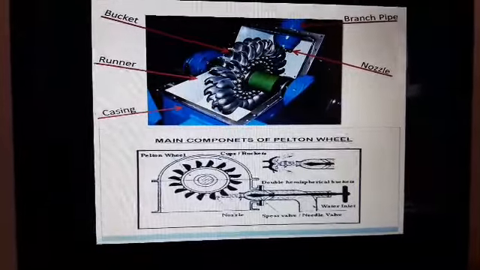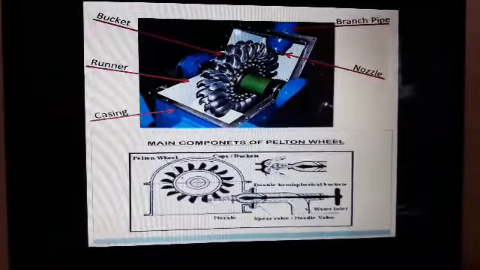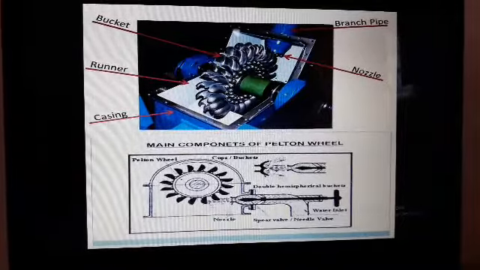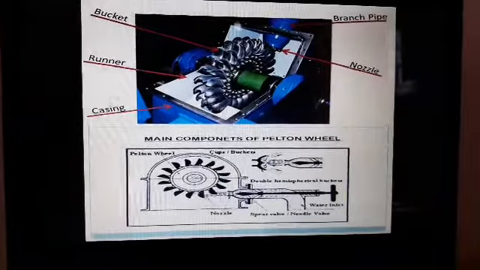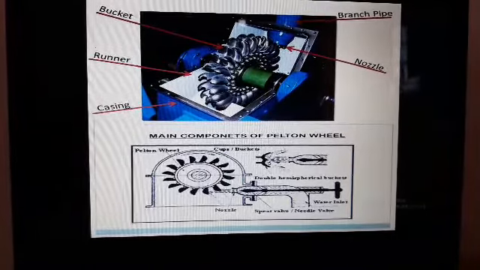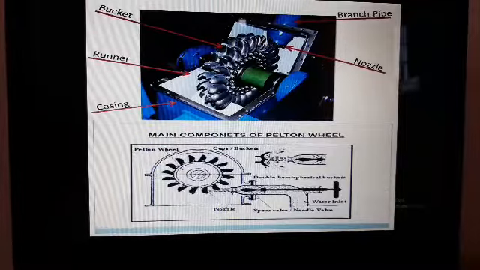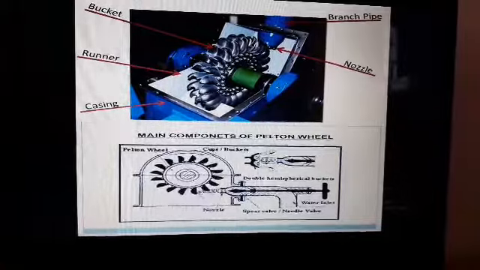It is the diagram of the Pelton turbine. We can see a branch pipe. At the end of the branch pipe, a nozzle is fitted. We can see the buckets attached to the runner or rotor of the turbine and a casing of the turbine.